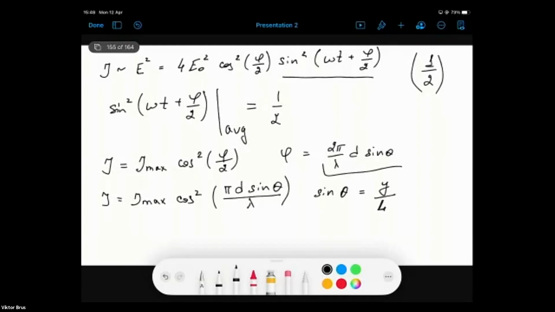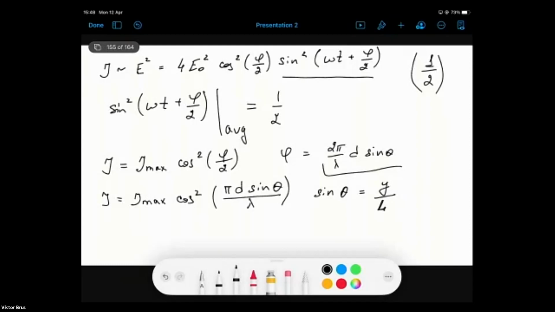y is the position along the linear coordinate along the screen, and L is the distance from the slit to the screen.